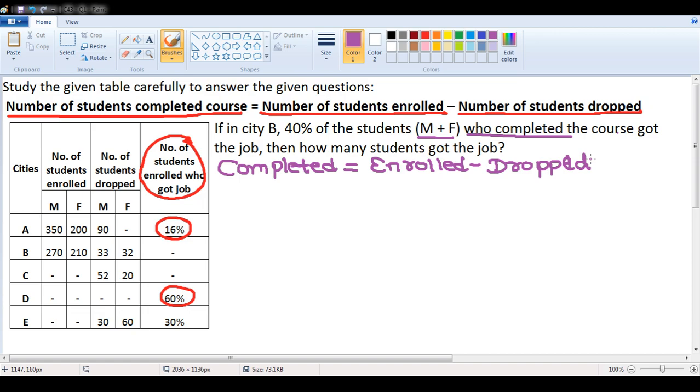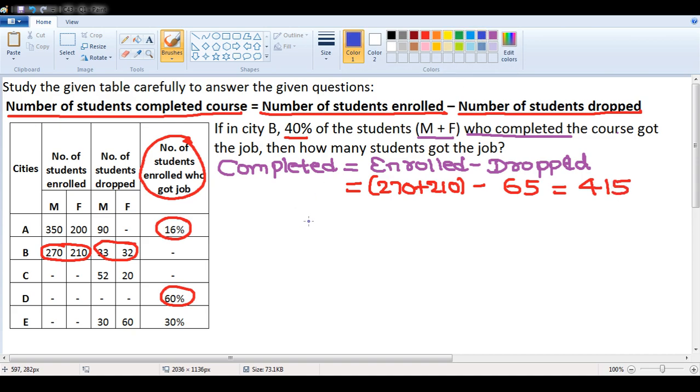Now listen carefully. In city B, 270 plus 410 people have enrolled, and people who dropped from the same city B is 33 plus 32, which is 65. So 270 plus 410 is 480 minus 65 is 415.